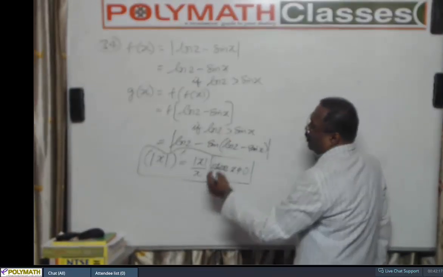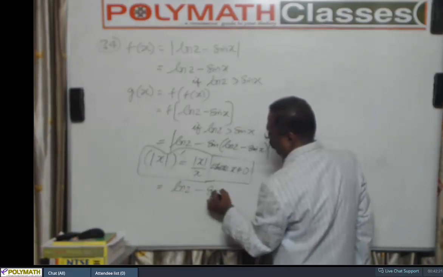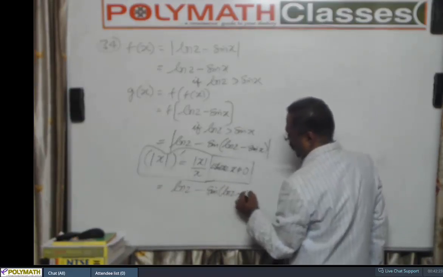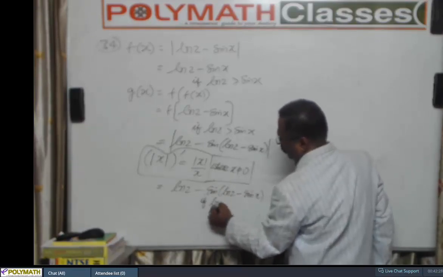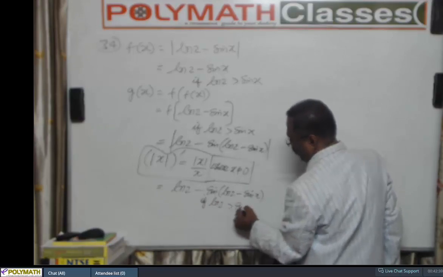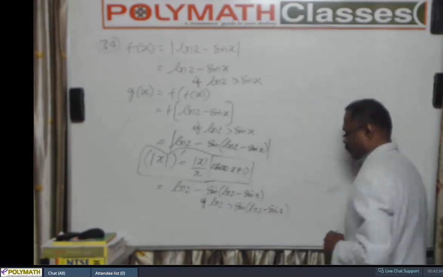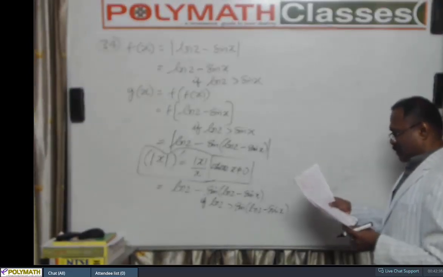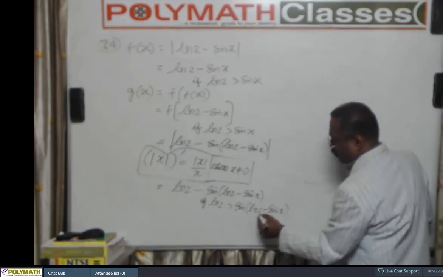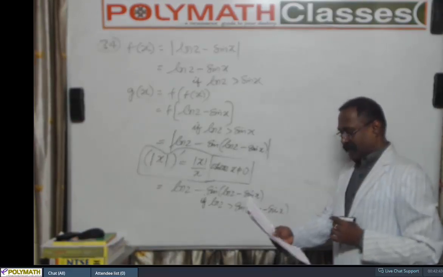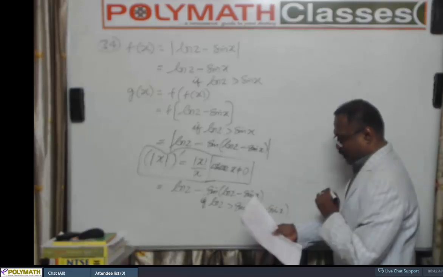Now, let us remove the modulus, with sine of (ln2 minus sin x), if ln2 is greater than sine of (ln2 minus sin x). You can understand that the sine of ln2 value when x equals 0 is something like 0.2965.